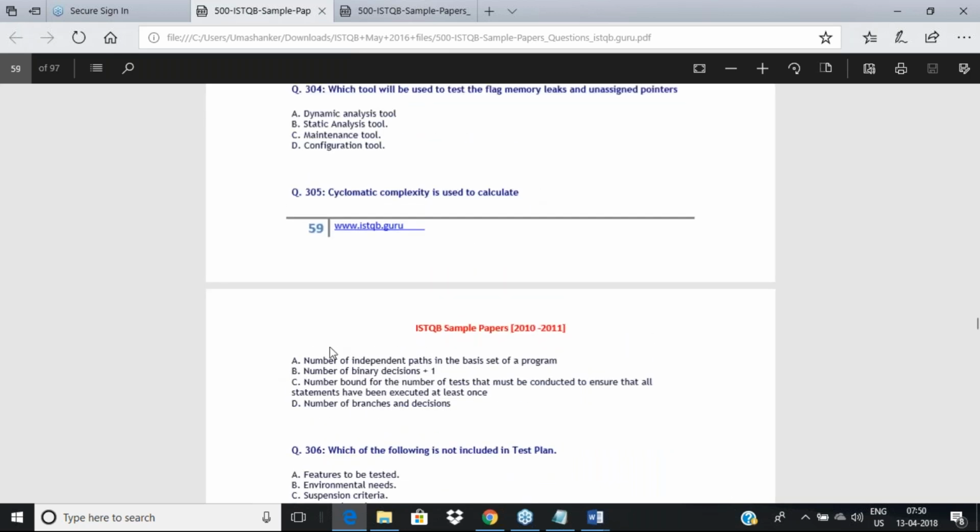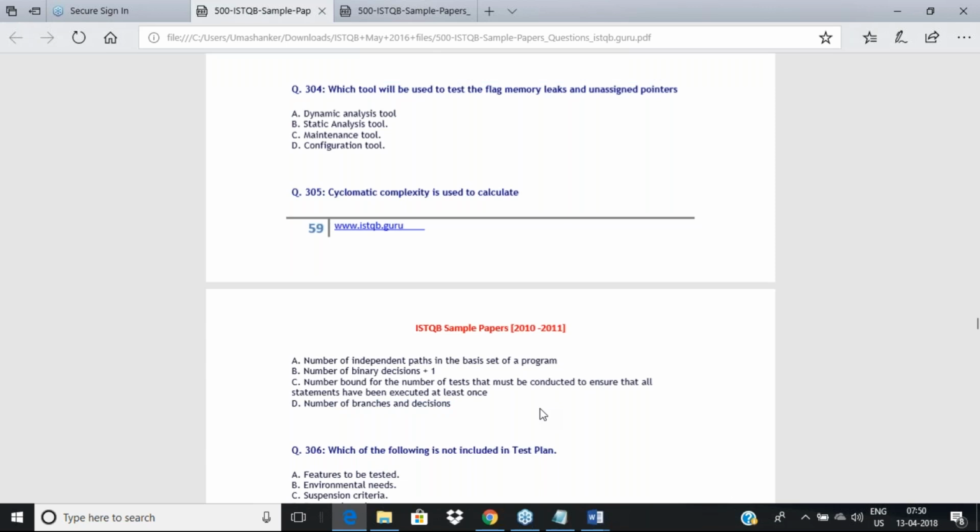Cyclomatic complexity is used to calculate the number of independent paths in a basis set of a program. Number of binary decisions plus one. Number bound for the number of tests that must be conducted to ensure that all statements have been executed at least once. Number of branches and decisions is your branch testing. Number of independent paths in the program. Yes, number of binary decisions plus one.